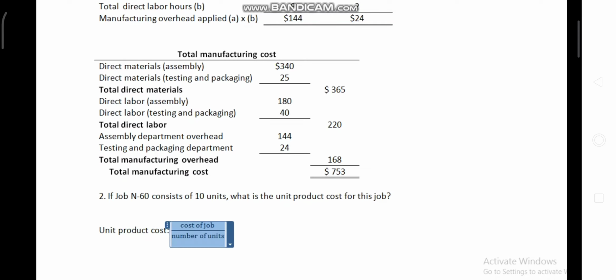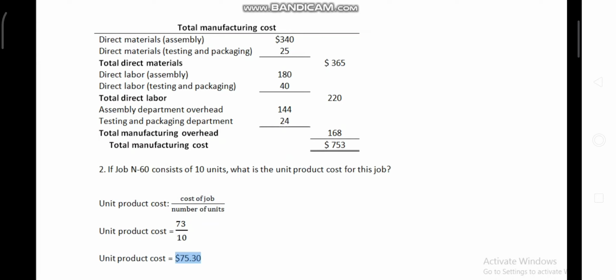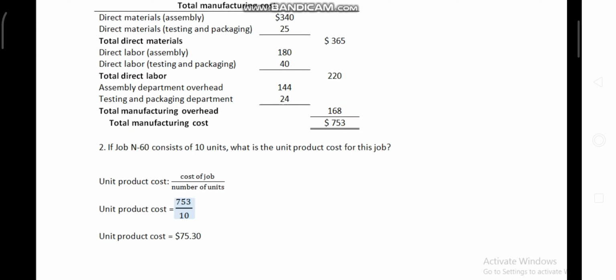Let's put the values in, and the answer would be 753 divided by 10, which is $75.30. That would be the unit product cost.